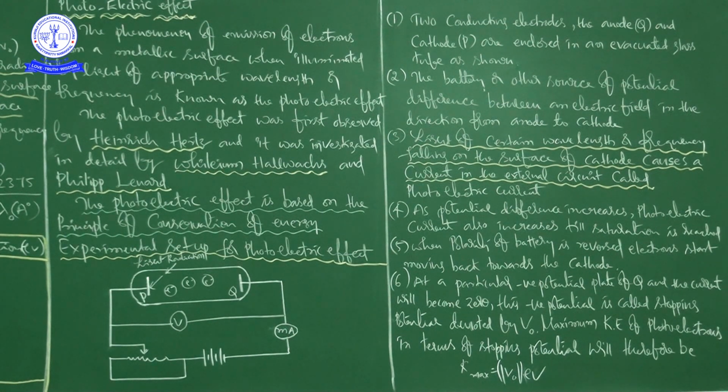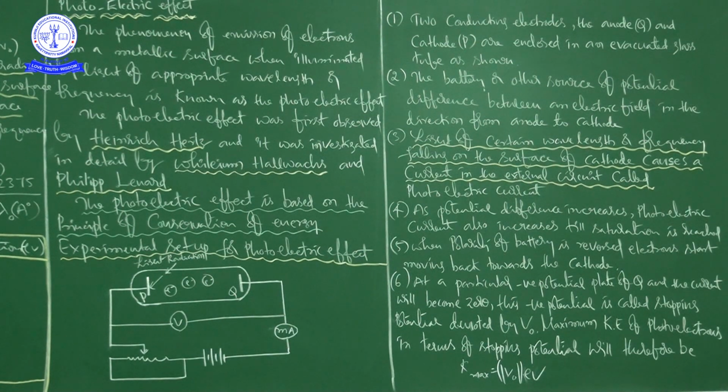For example, you have taken some material as a cathode. Just imagine there are only 10 electrons, and you are changing the potential difference here. First 2 electrons will come, 3 electrons will come, and based on the potential difference of cathode and anode, all the 10 electrons come from cathode to anode.